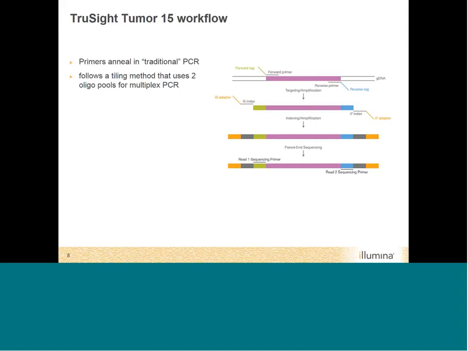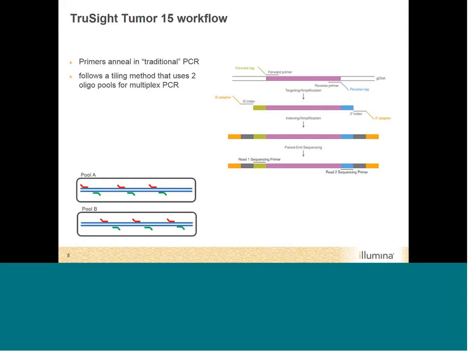This again has to follow a tiling method that uses 2 oligo pools for this giant multiplex PCR. So again, we have a pool A and a pool B. That's a bit different because the 2 pools now actually are not going to be mirror images, but they each will have their own target and collectively will span your entire target region for the TrueCyTumor 15 panel.